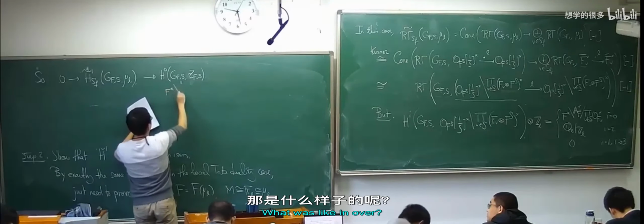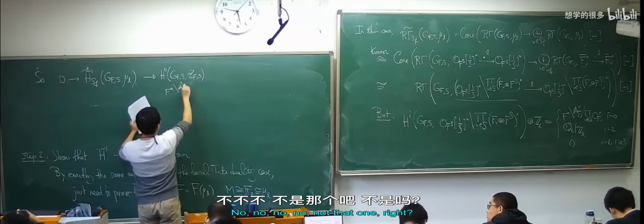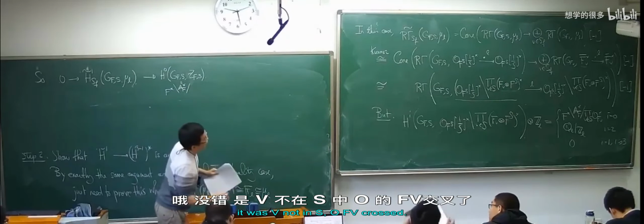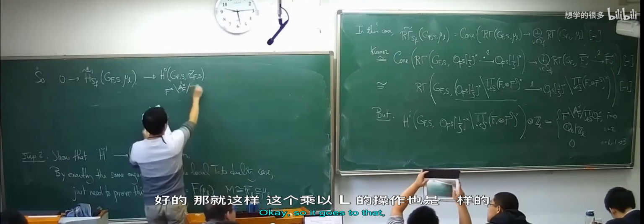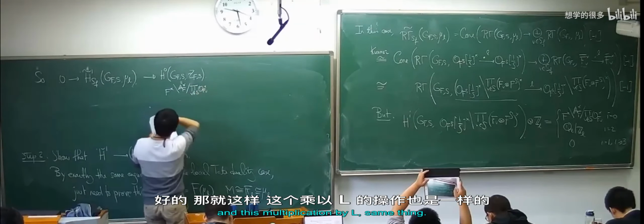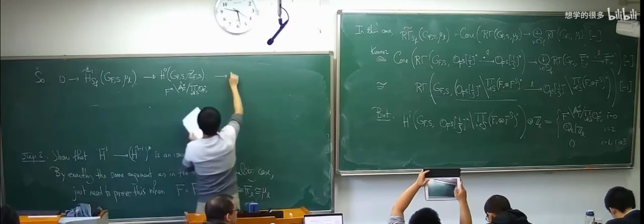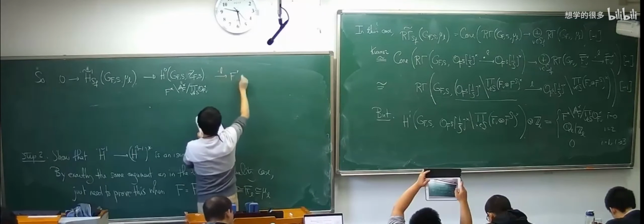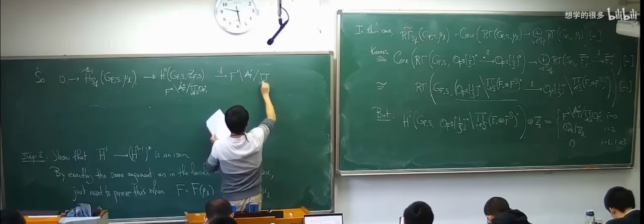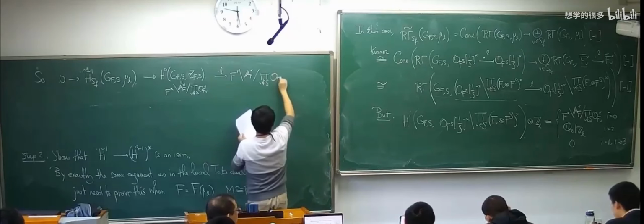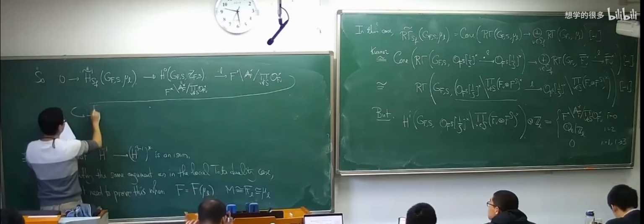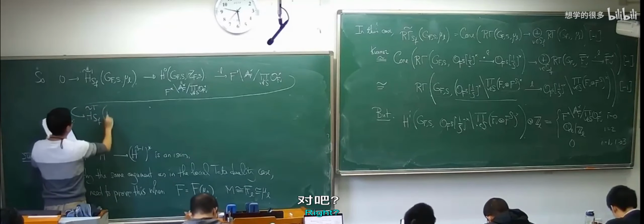It was V not in S, of F_V cross. Okay, so it goes to that, and this is multiplication by L, same thing.